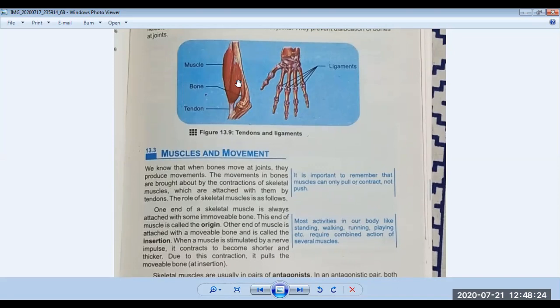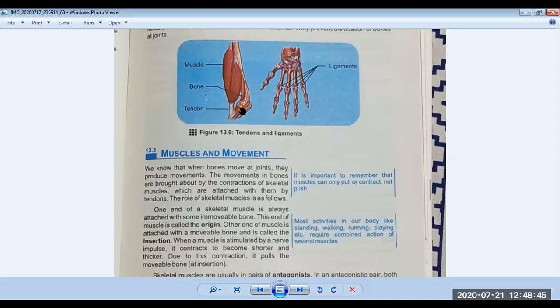But when it goes near, the brain immediately sends a message to the spinal cord, and the spinal cord produces a nerve impulse which goes to its skeletal muscle. This skeletal muscle is the biceps. Because of that, the crawling baby will pull its hand.